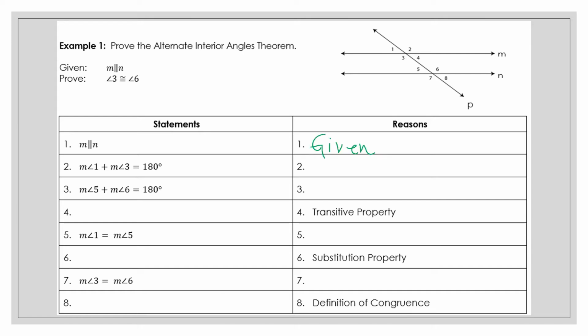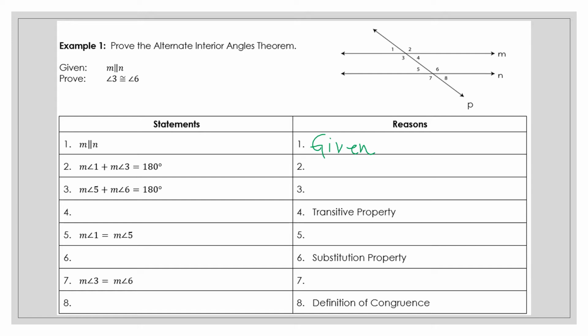There are a couple different ways to do it. Try to do it in the most straightforward approach. For statements 2 and 3, you'll notice they look similar. Statement 2 says the measure of angle 1 plus the measure of angle 3 equals 180 degrees, and statement 3 says the measure of angle 5 plus the measure of angle 6 equals 180 degrees.